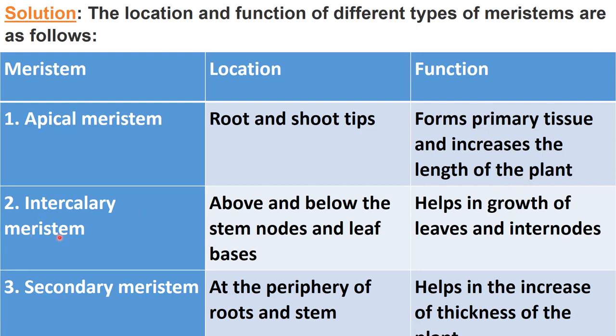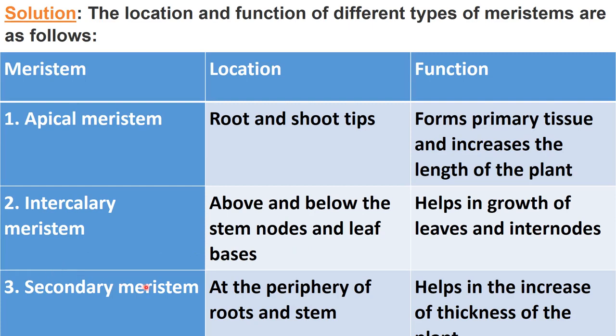The intercalary meristem is present above and below the stem nodes and leaf bases, between the mature tissues, and its function is to help in growth of leaves and internodes, right?